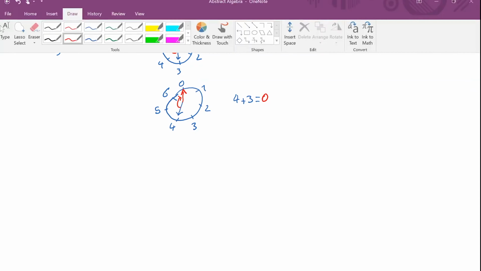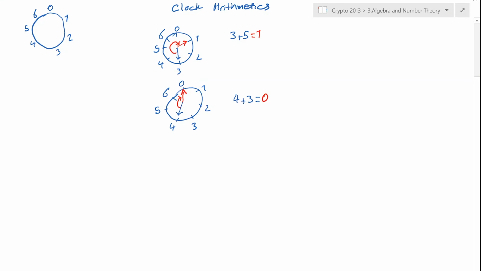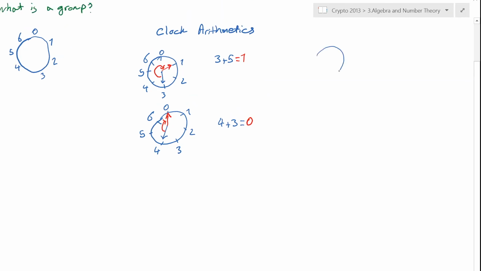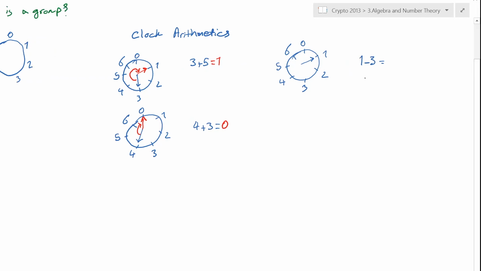We can also do subtraction as much as we do addition. So if I again draw this one, right? And let's say we are at time 1. So 1 minus 3 hours. One thing that you can always remember is that you can always write subtraction just like addition.